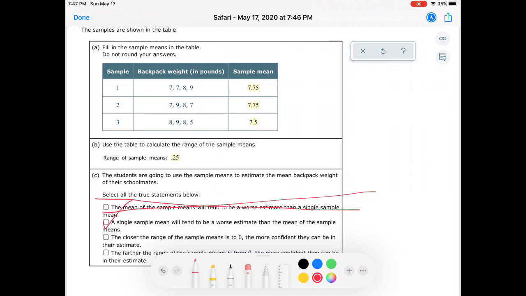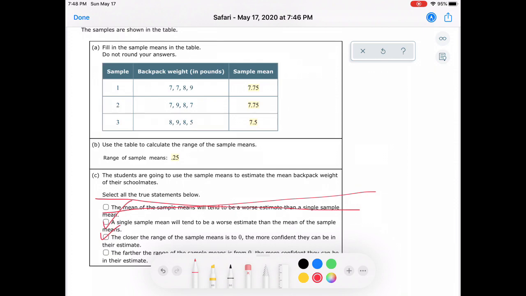The closer the range of the sample means is to 0, the more confident they can be in their estimate. And that's the point I've been trying to make throughout this whole idea: if that range is close to 0, that means things aren't spread out, that almost everything is identical to each other. Things are very similar, so you can trust that mean. There's not a lot of outliers out there.